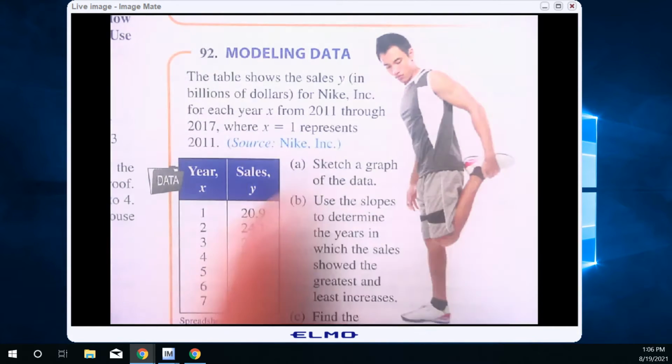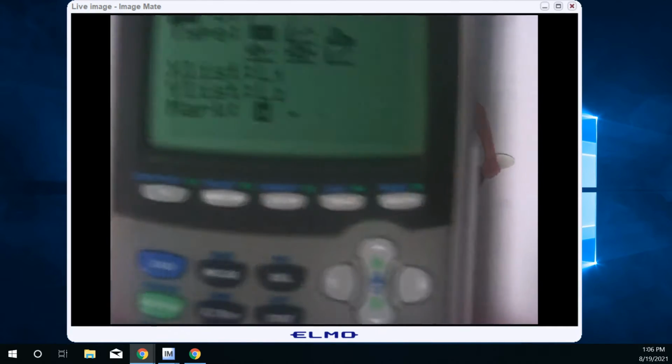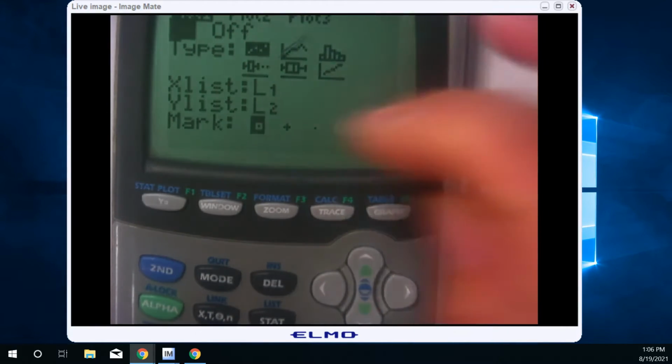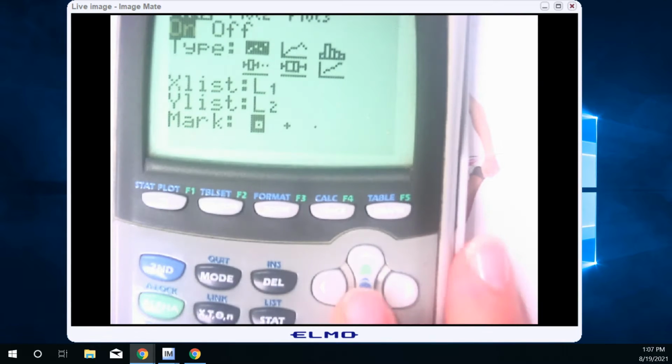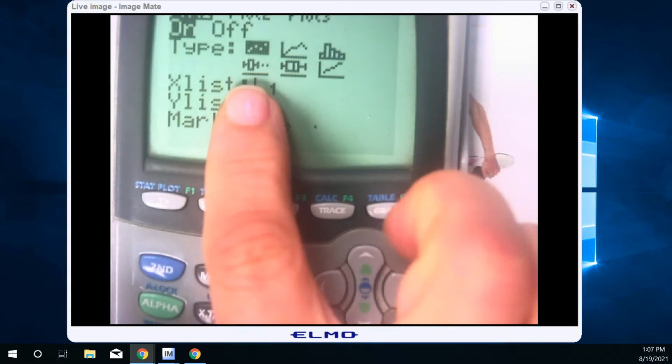And they want me to sketch the data. What graph do I want to look at? The third one. How about a scatter plot? Okay, so that is the first one.